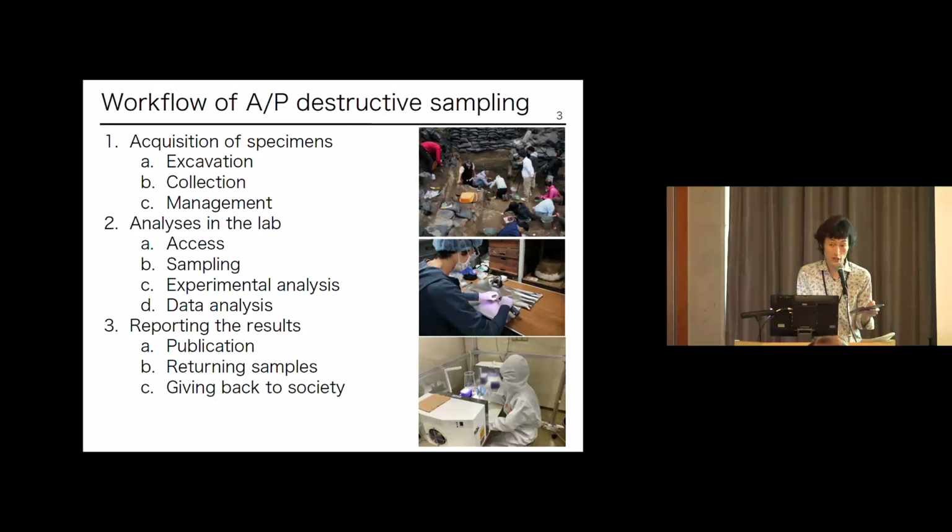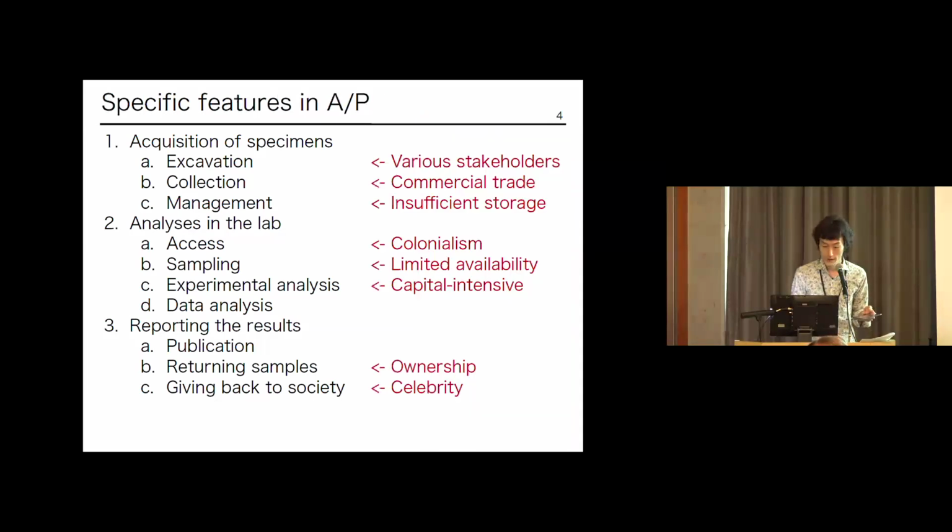After the project is completed, any remaining samples are returned to the curating institution. Finally, the results are contextualized and disseminated to the broader public. The main issues of these processes are shown in red on the right side of this slide. Here, I will summarize these issues in detail.